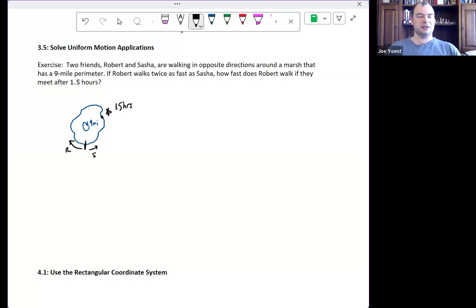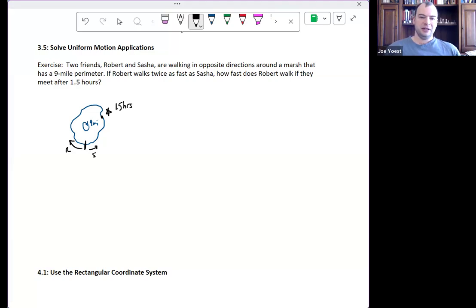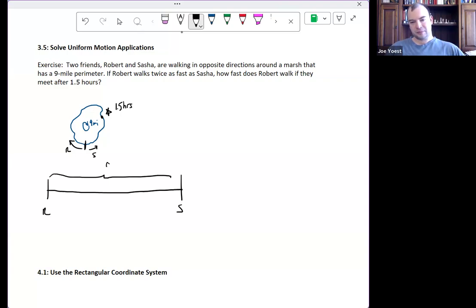Of course, they could shake hands at the beginning here, and if they were 9 miles down the road, they couldn't shake hands. But as far as the characteristics of the problem, we can visualize this problem just as though Robert and Sasha are 9 miles apart, and they're going to meet at some point, star, in between them.